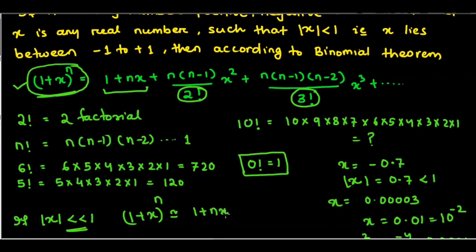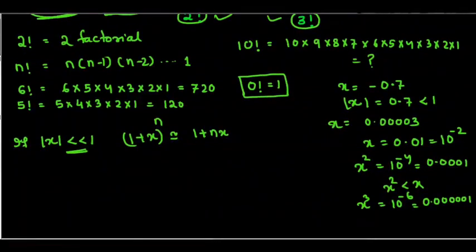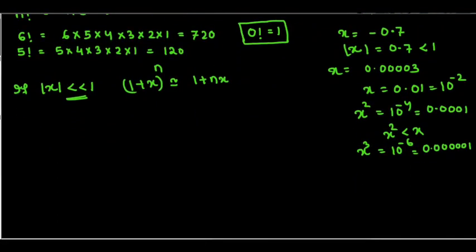We can ignore all these terms, only we have to consider the first two terms, because all these terms are very negligible, they are very small, so their addition will not change the overall value that much. So this is a special case, and we are going to use this special case in physics while deriving many formulas.